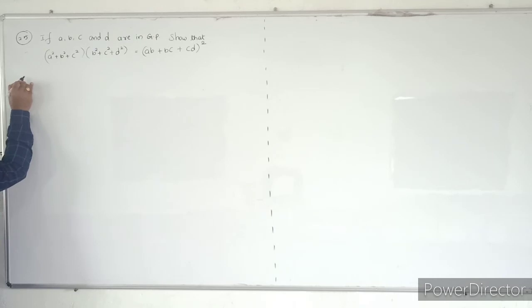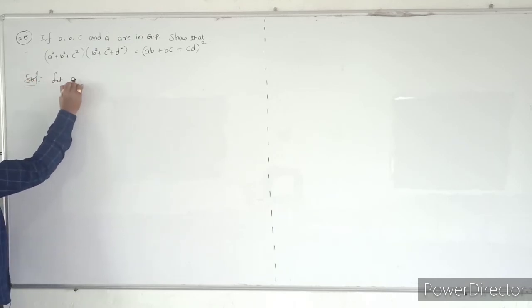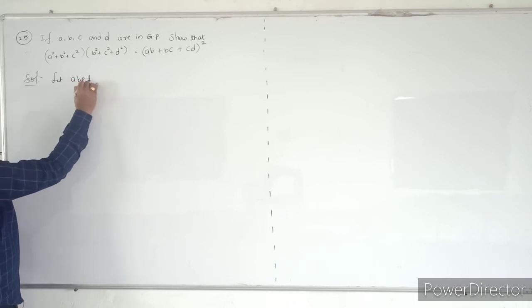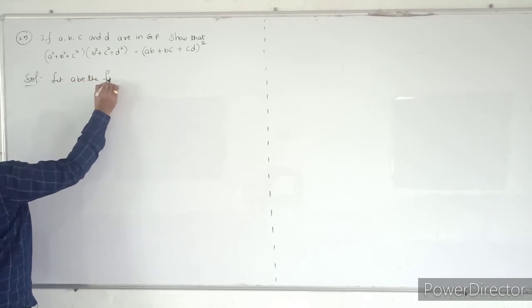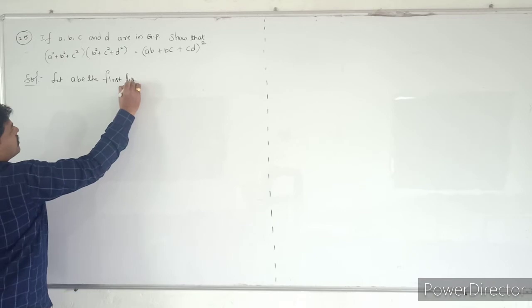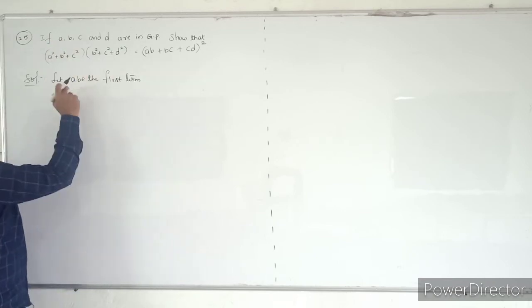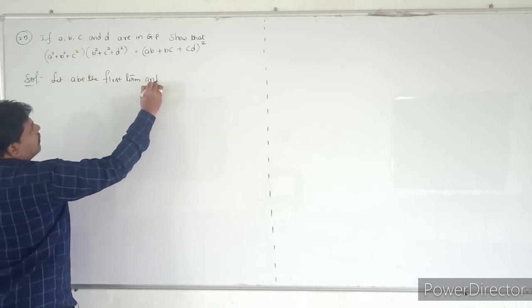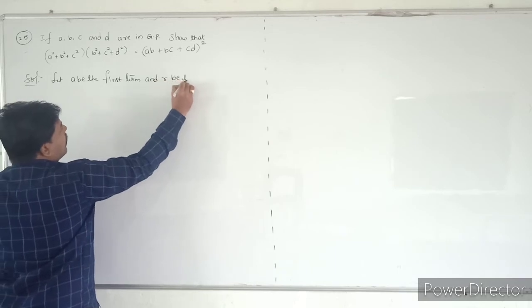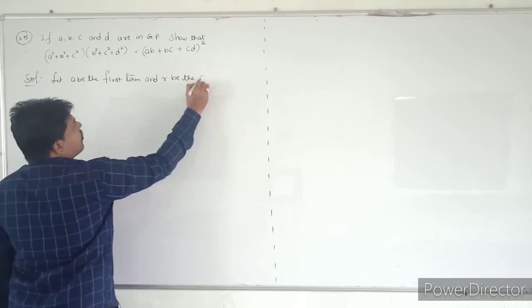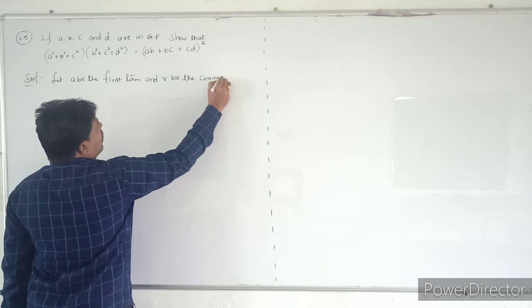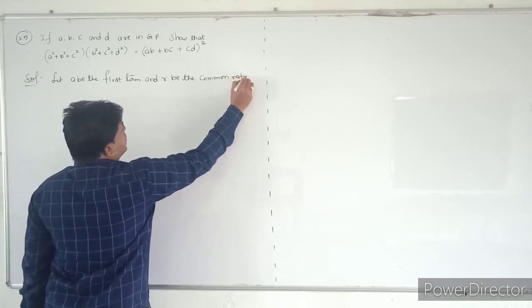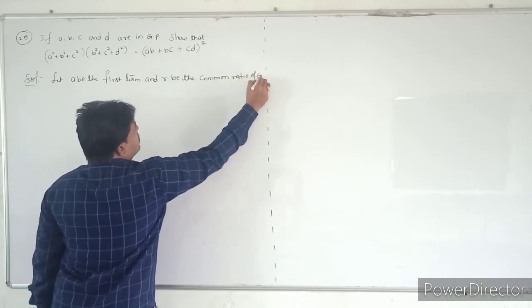So here I will take this. See students, let a be the first term, as they have already given, and r be the common ratio of the GP.